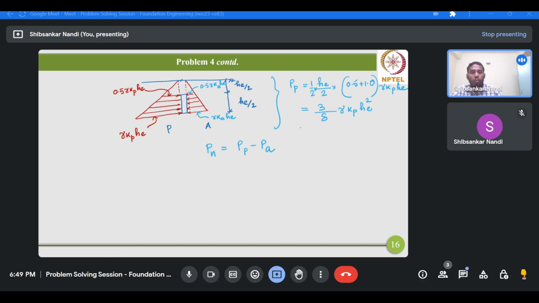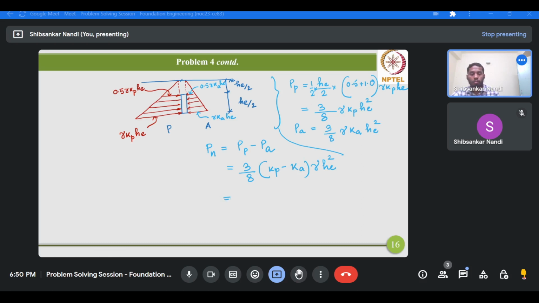So similarly, your PA will be, only you have to consider the active earth pressure coefficient, so 3 by 8 gamma Ka H square. So the net pressure will be 3 by 8 (Kp minus Ka) gamma H square.